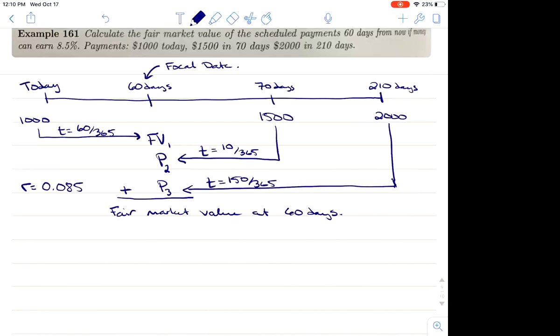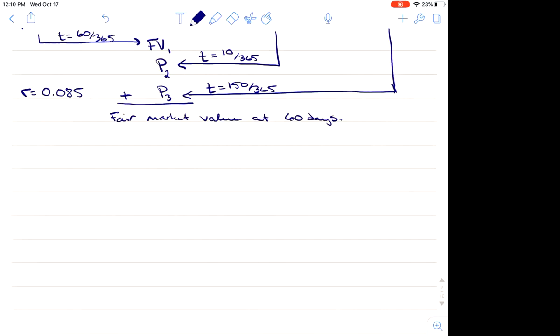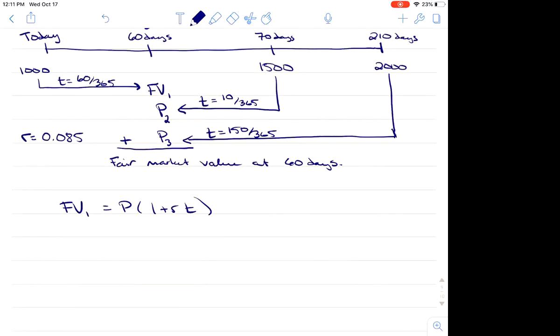Okay, all right. Well, I know what I have to do: calculate the future value, the principal, and the principal. Future value is P times 1 plus RT. Future value 1, the principal amount is 1,000 times 1 plus R, which is going to be 0.085 for all of these, and T is 60 over 365.